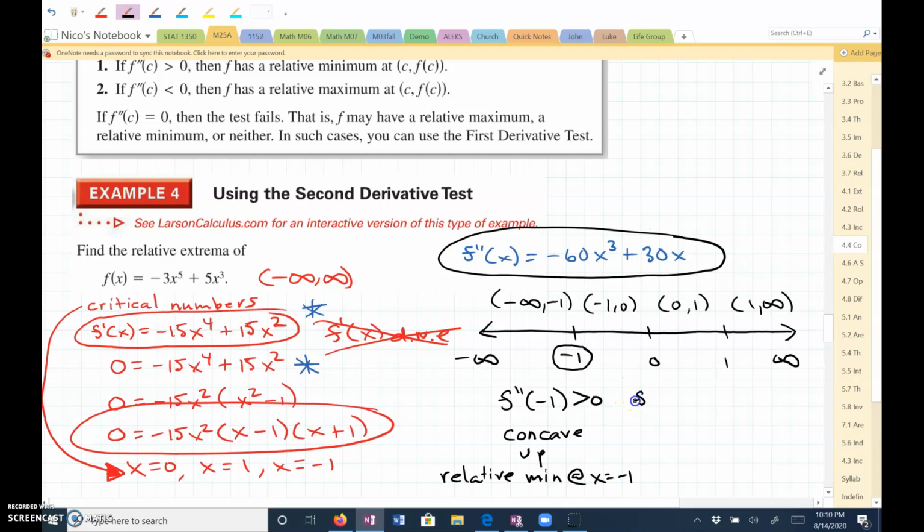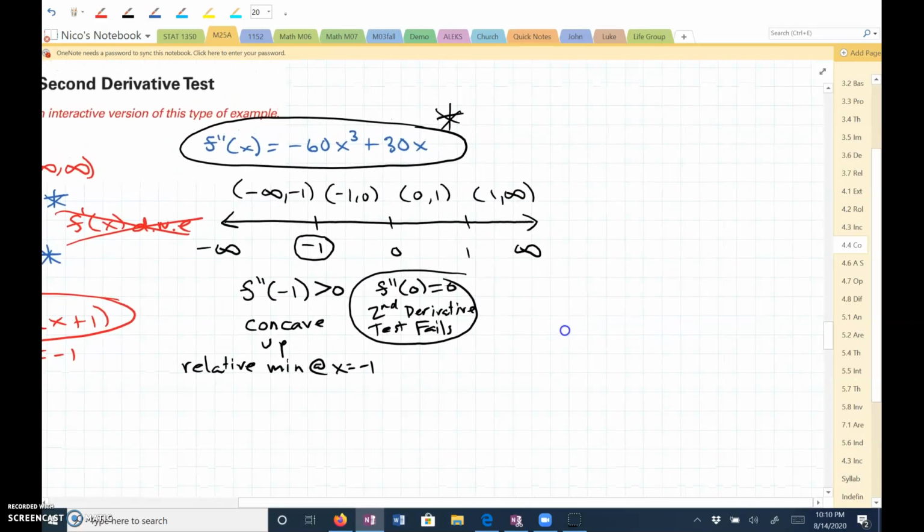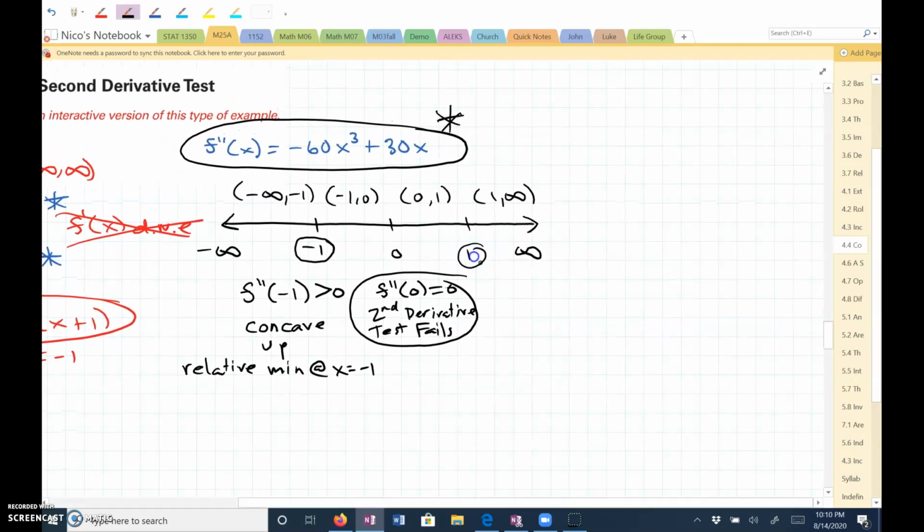Next, let's test f double prime of 0. If I plug 0 into this function, this would be equal to 0. So this means the second derivative test fails. Then we have to go back to the first derivative test for that one. We'll come back to that. Next, we're going to do f double prime of 1.